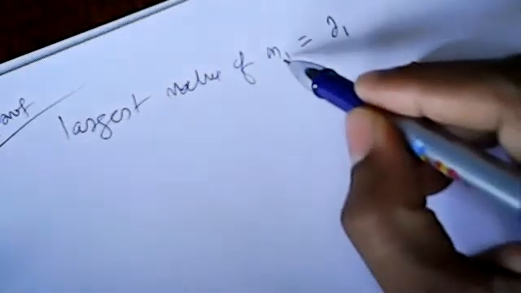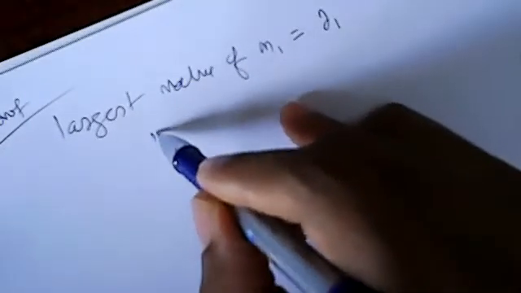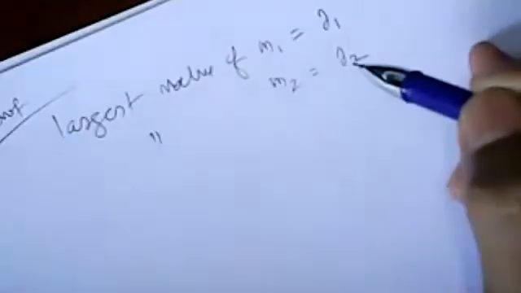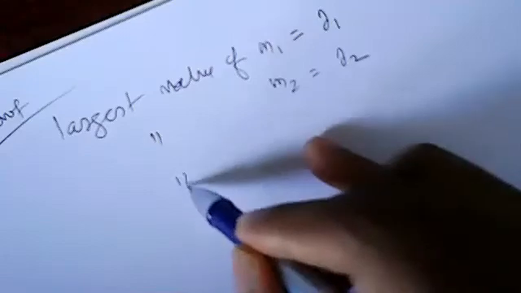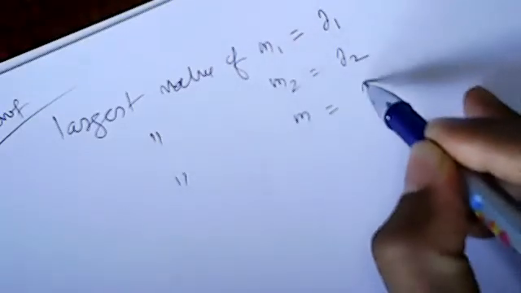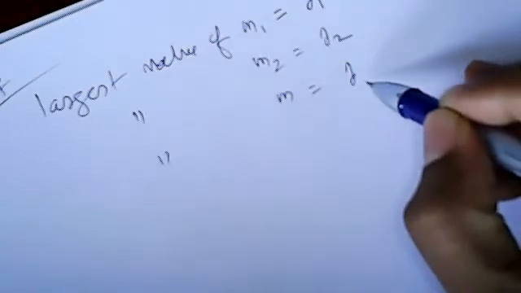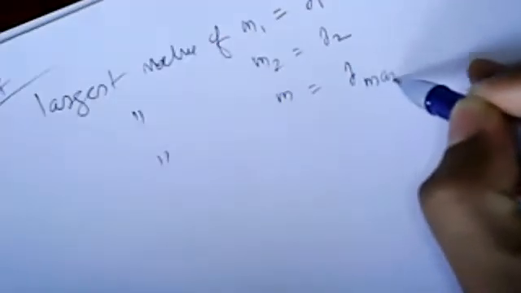Next value of M1 is J1 minus 1. Largest value of M1 is J1, so largest value of M2 is J2, and largest value of M is J. Or you can say largest value of M is J max, which is nothing but M max.